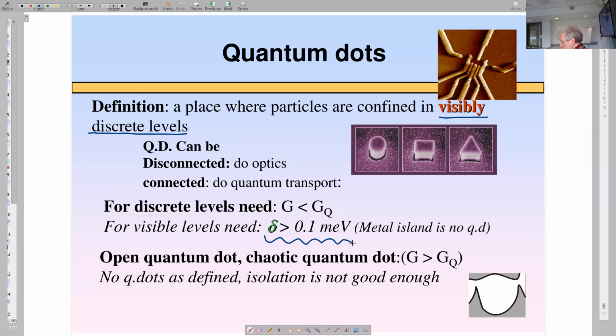An atom actually also satisfies the definition of quantum dot. Their level spacing is of the order of 10 electron volts, much bigger. But okay, we are not about atomic physics. We still have a difficulty to take a single metal and put electrodes, to study transport through a single metal. Although people nowadays do it with single ions in silicon substrate.